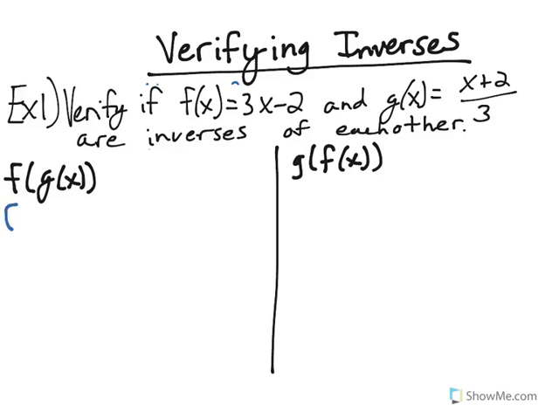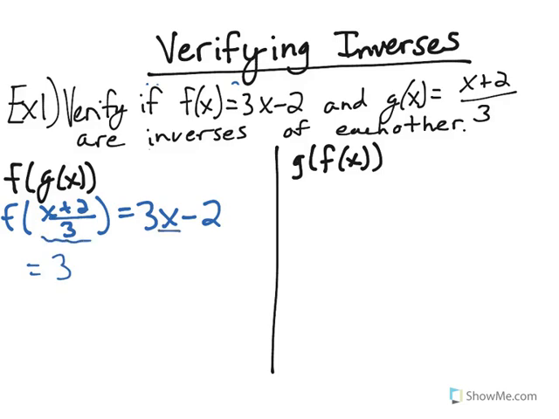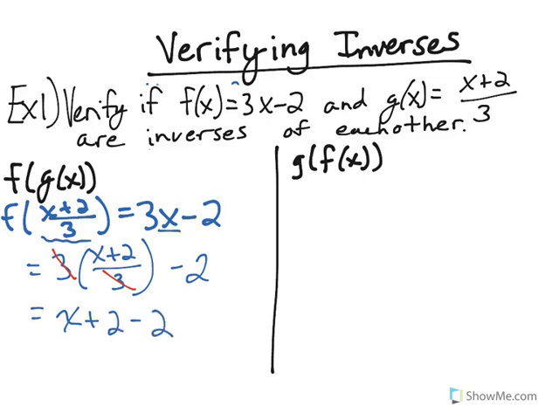For f of g of x, we are plugging g, (x plus 2) over 3, into f, which is 3x minus 2. So we have 3 times (x plus 2) over 3, close parentheses, minus 2. The 3's cancel, so what we're left with is x plus 2 minus 2, the 2's cancel, and we get x. So f of g of x equals x.